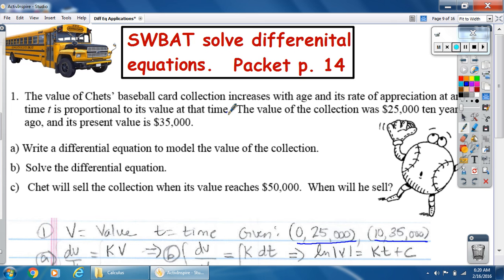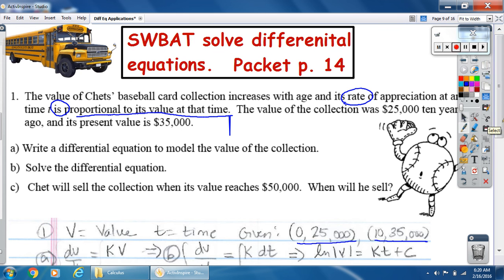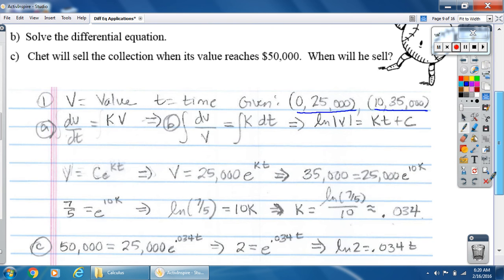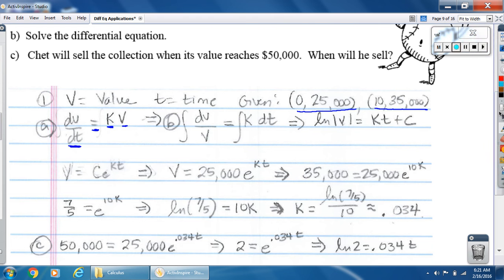They tell me that his baseball card is increasing, and that the rate of appreciation is proportional, there's my K, to its value at that time. So let's see if my equation down here agrees with that. I said the rate is proportional, there's my constant of variation, to the value at that time. So that's how we write the differential equation.